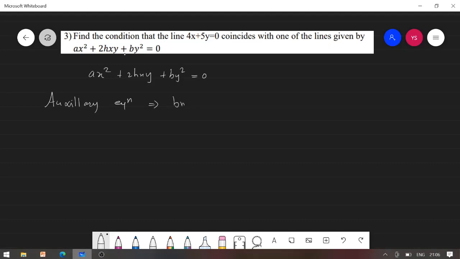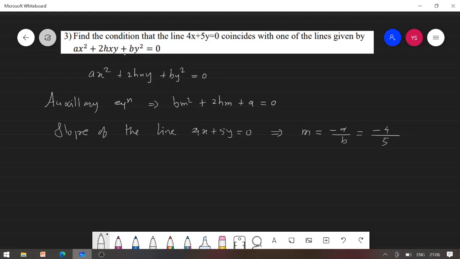We get bm square plus 2hm plus a equals 0. Since the given line 4x plus 5y equals 0 coincides with one of the lines, firstly evaluate the slope of the line 4x plus 5y equals 0, which is m equals minus a by b, where a is the coefficient of x as in 4, and b is the coefficient of y as in 5. We have m equals minus 4 by 5.